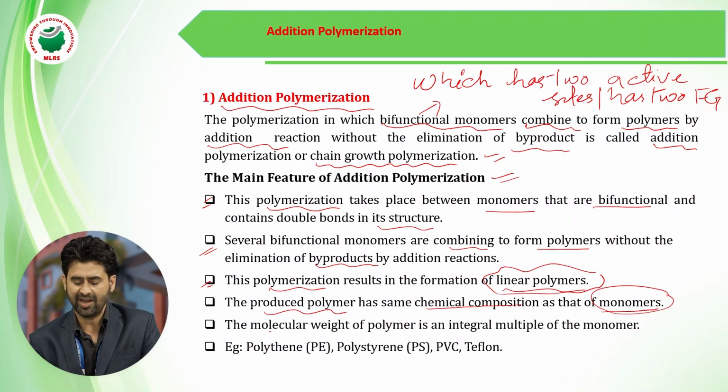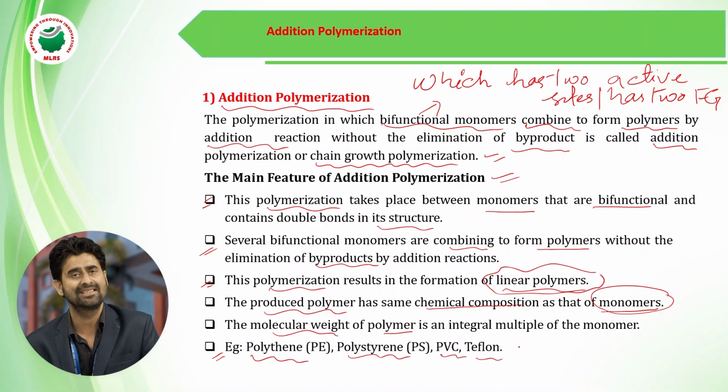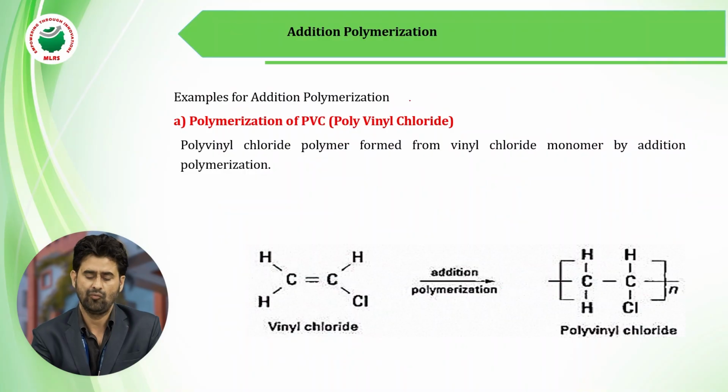The molecular weight of the polymer is an integral multiple of the monomer units. Examples are polyethylene, polystyrene, polyvinyl chloride and Teflon. These are certain examples of addition polymerization. So we will discuss them one by one.